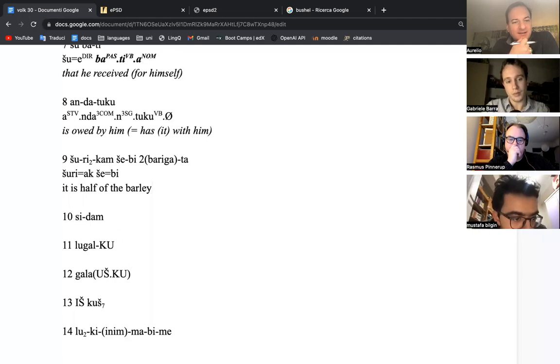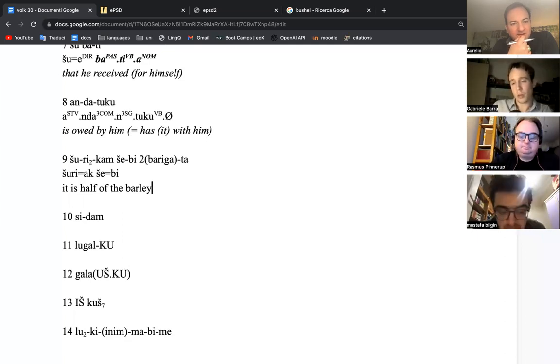Why does it have the tar at the end? What does the tar stand for usually? Ablative. Right. The ablative can roughly be translated with "from." So why don't we just keep it as "from"? If you have "from" and then you take it as a measure, then you have "from the measure," which doesn't make much sense.